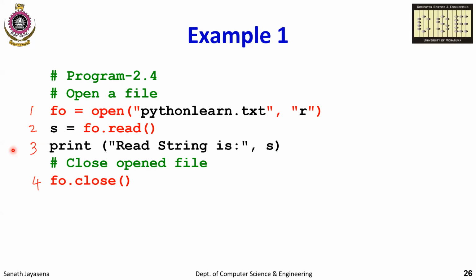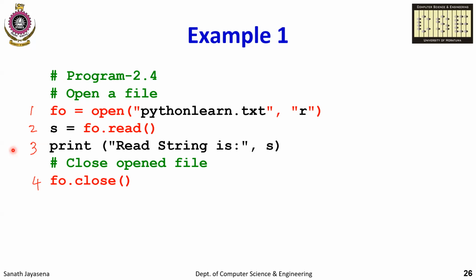Here, what if this file is a huge file, right? If this Python learn.txt is a 2 megabyte file, let's say, it's not huge, but still it doesn't matter. This f4.read will work correctly without any problem as long as we have enough memory in the computer.